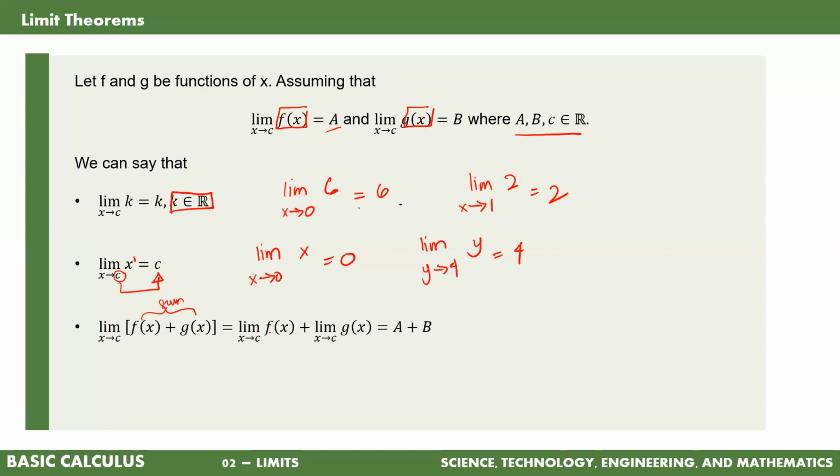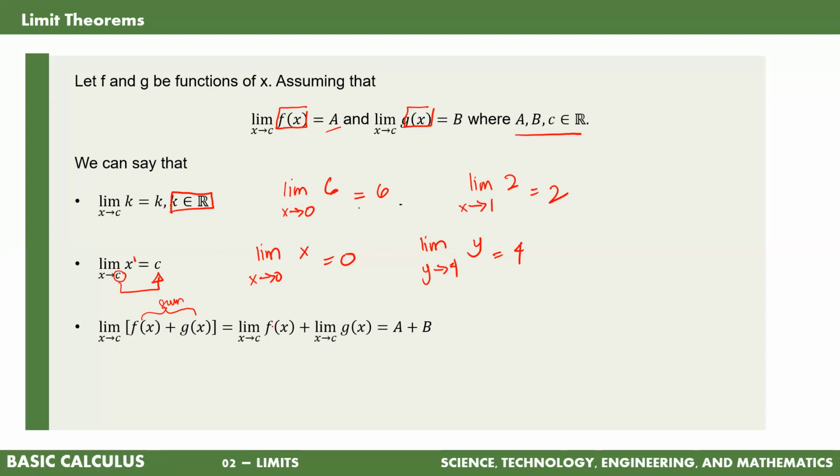So, anong sinasabi niyan? Ibig sabihin lang nito, let's say, you have f of x and g of x. So, dalawang function yun. Kapag pinag-add mo yung dalawang function na yun, tas kinuha mo yung limit as x approaches a certain value c, equal siya dun sa limit ng f of x as x approaches c plus yung limit of g of x as x approaches c.